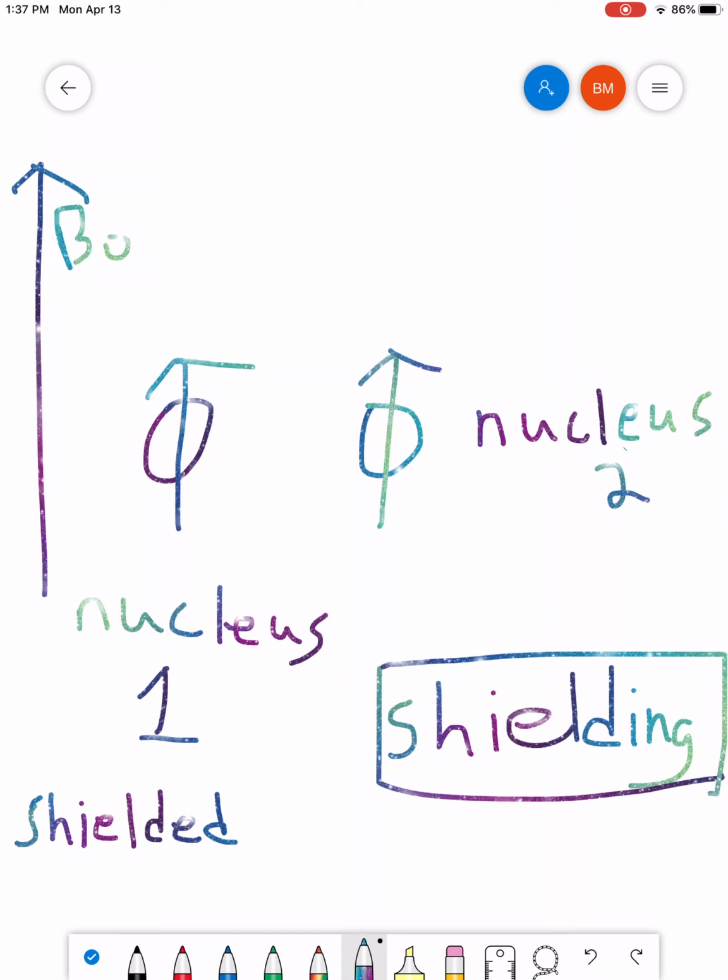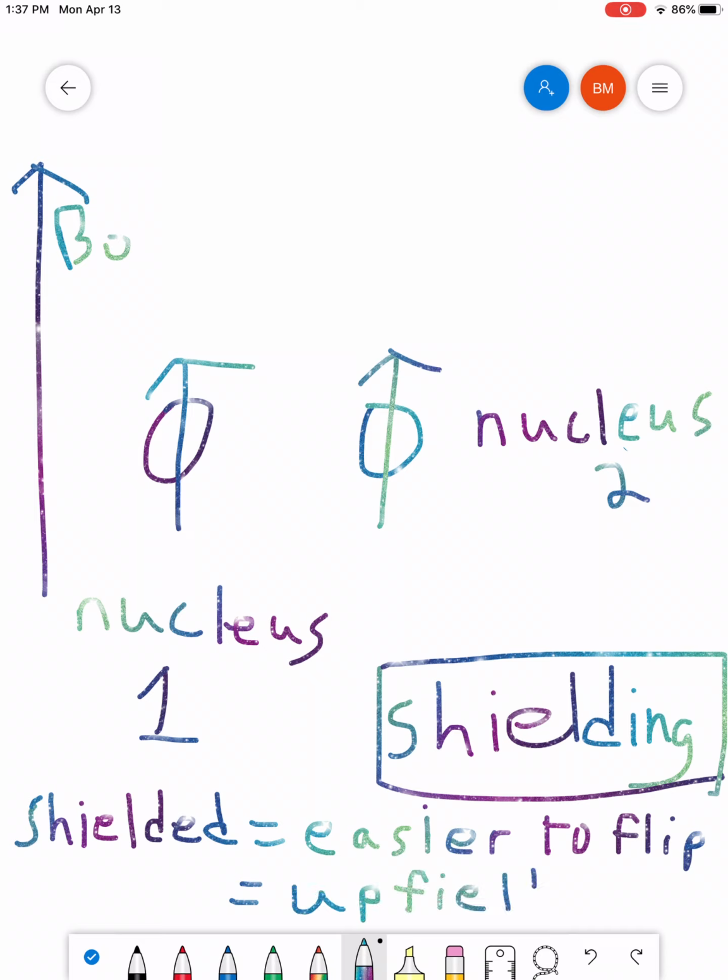If you have something that's shielded, that means it's easier to flip. Which means it's going to require lower energy on your chemical shift scale, and it's going to be further upfield, right? The more shielded something is, the further upfield it is.